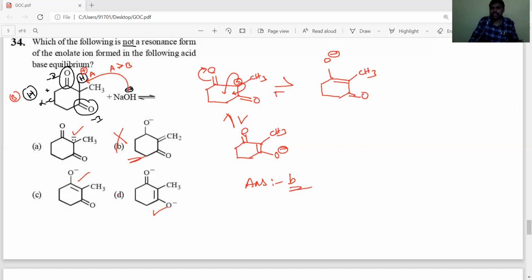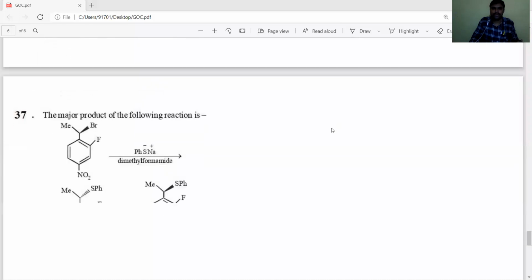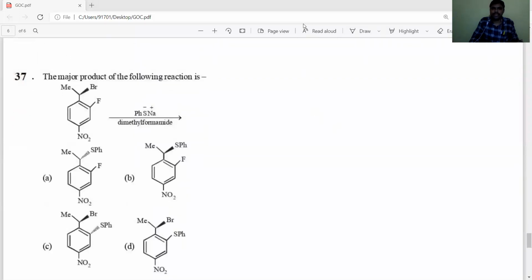Let's go for the next question, dear students. Next, the stereochemistry related to SN1 and SN2 reactions. SN2 reactions give inversion of configuration. For SN1 reaction, a partial racemic mixture will form.